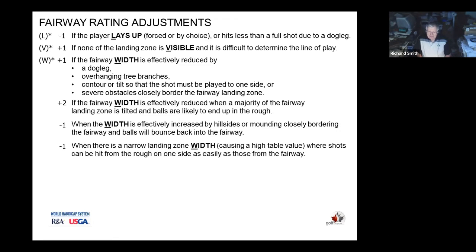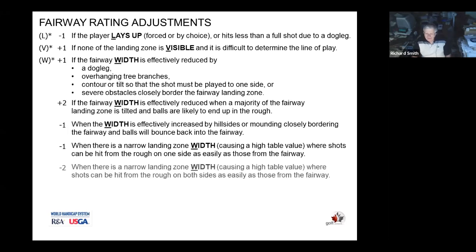We could have a W-1 if there's a narrow landing zone width, high table value, but the shots can be hit from the rough on one side as easily as those from the fairway. Or W-2, again, a narrow landing zone.